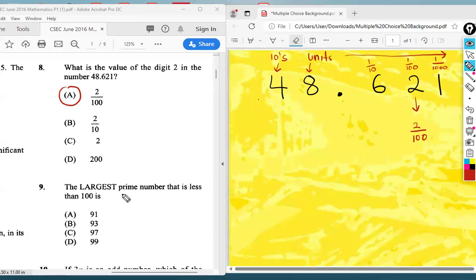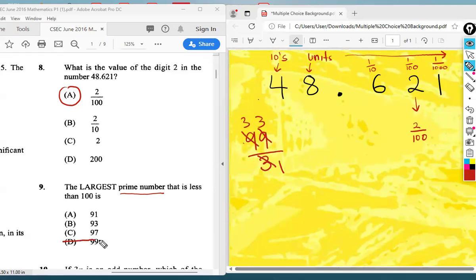Now, a prime number is a number that can only be divided by itself and 1. A lot of people chose for number 9, D, right? That's wrong. 99 is not a prime number because I could divide 99 by 3. 3 into 3 is 1, and you'll get 33 here.